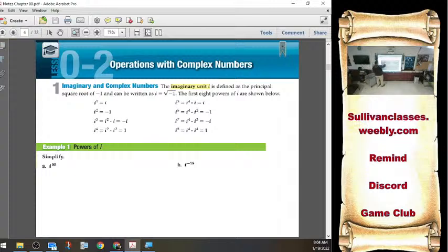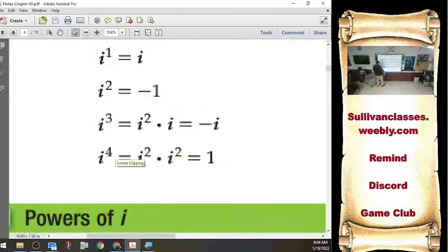i is the square root of negative 1. Square root means what times this thing makes negative 1. Well, what's 1 times 1? 1.